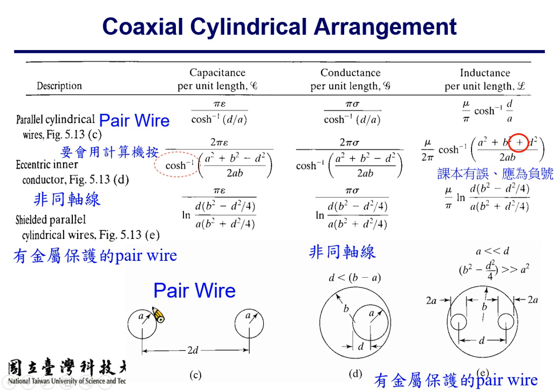So you must learn how to find the arc hyperbolic cosine of this thing. And that's the third one, pair wire. The fourth one is this. What is this? This is a coaxial cable that got kicked.